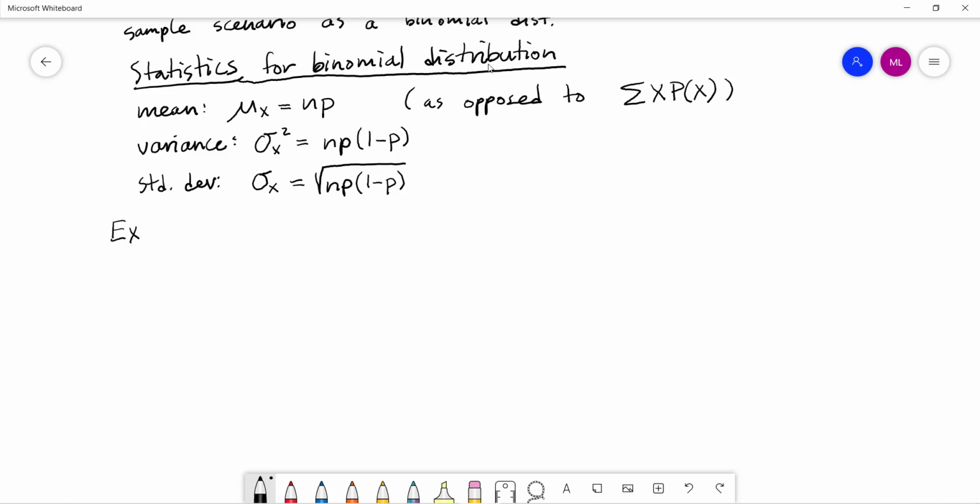But if we're dealing with a binomial distribution, I can use this one, and it's much easier. There's no sum involved. It's just a single multiplication between n and p. Remember what n and p are. So let's say, again, let's say we want to flip a coin 10 times. Find the expected number of heads.